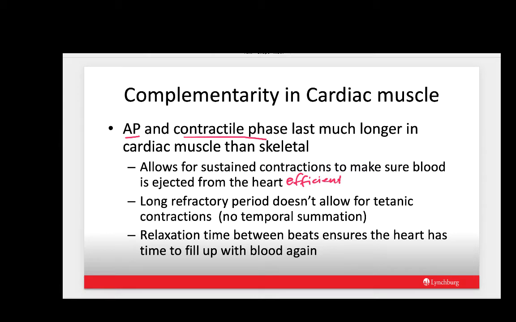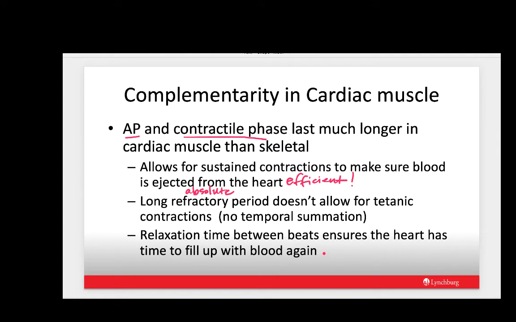This is very efficient, and we want to have that efficiency for our heart. We also have this long absolute refractory period, meaning the heart won't contract no matter what you do to it again, so that we don't have temporal summation. And we want to have a relaxation time between the beats, because that's when the heart fills up with blood.